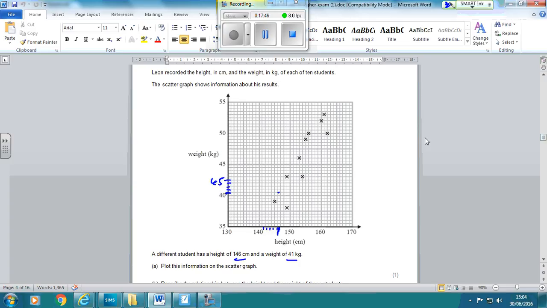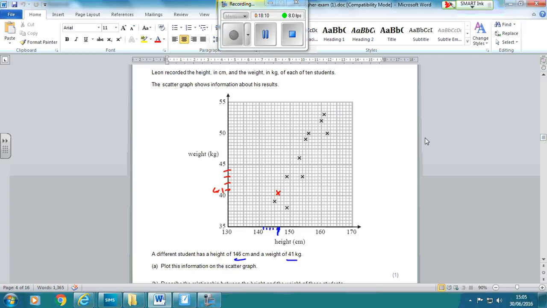But we know that 45 is up here. So what we've got to do is make sure that 41, it goes up every 2. So it's going to be 41, 42, 43, 44, 45. So 41 is there. So 1, 2, 3, 4.